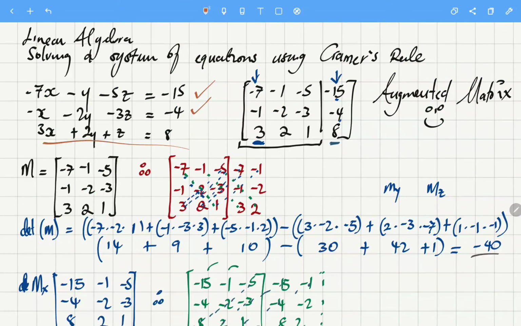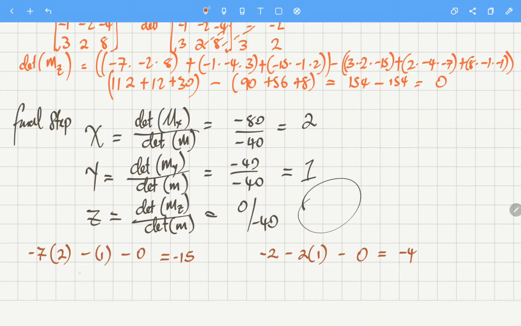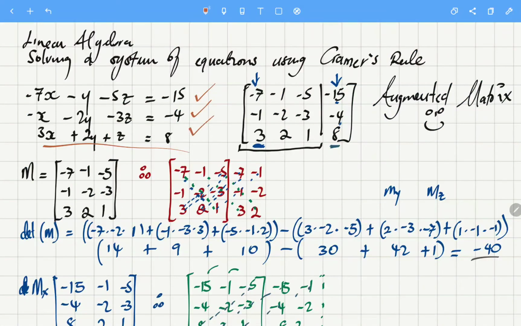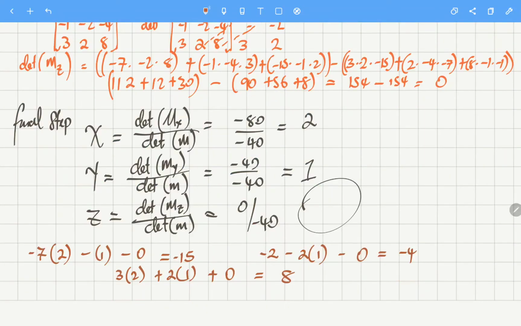Then the final one: that'll be 3 times 2 plus 2 times 1 plus 0, which is 8. So there we are. So that's using Cramer's rule to find solutions of unknown variables in a system of equations.